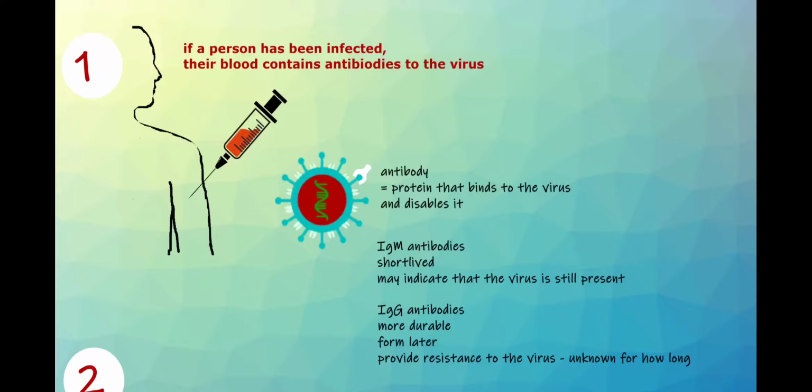IgM is a kind of antibody which is produced when you are infected for the first time. That means you got the infection some 2 to 3 days ago, within a short period of time. While IgG gives a secondary response towards that infection.